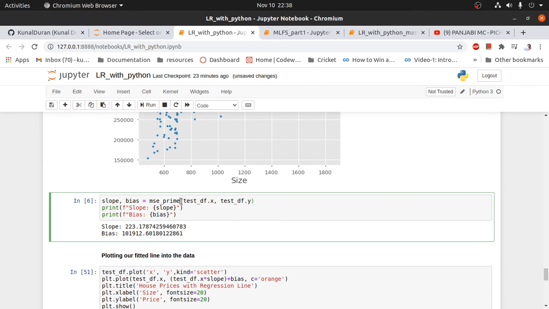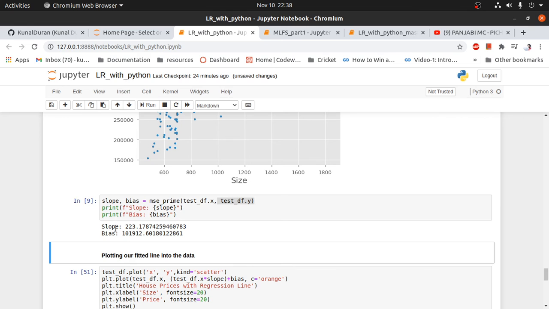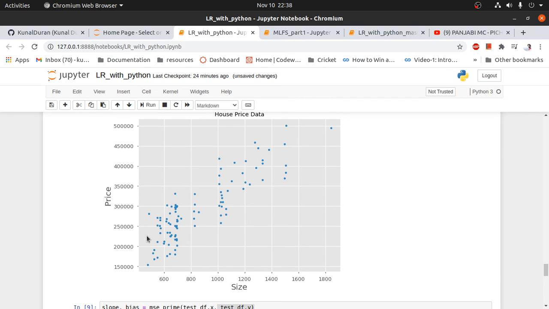We are passing the value of x and y, the independent variable and the dependent variable, and now the values of slope and bias are here. And without any equations, with our eyes we can see the line will be somewhere here.